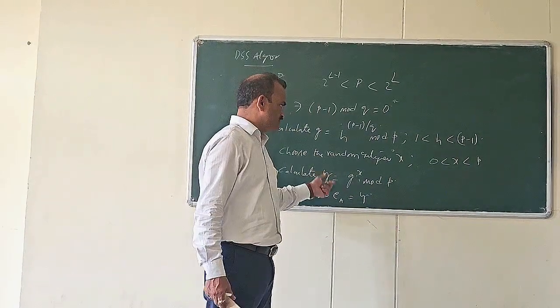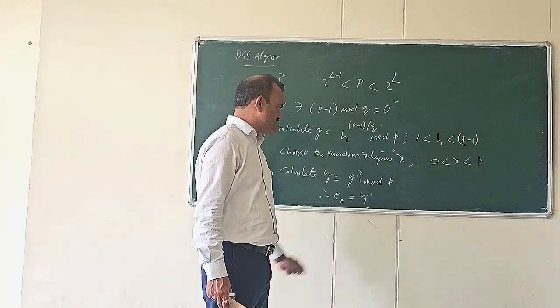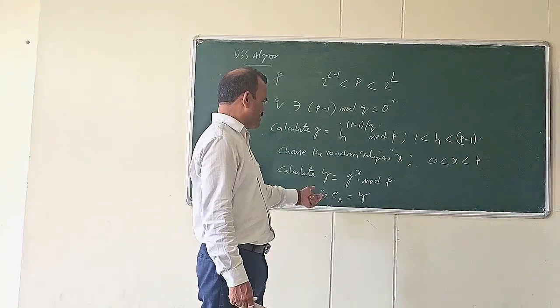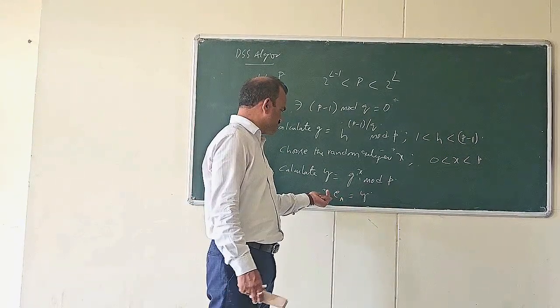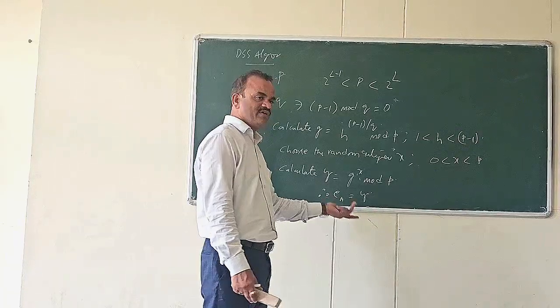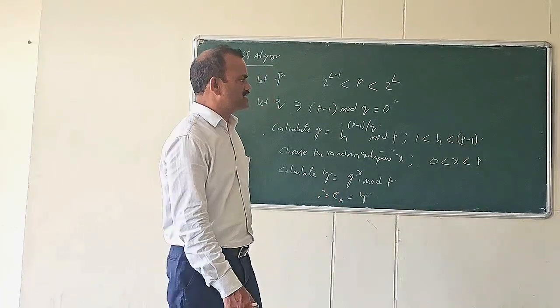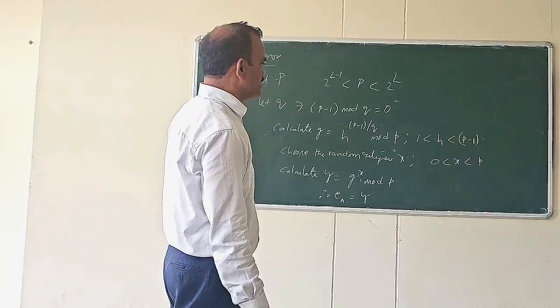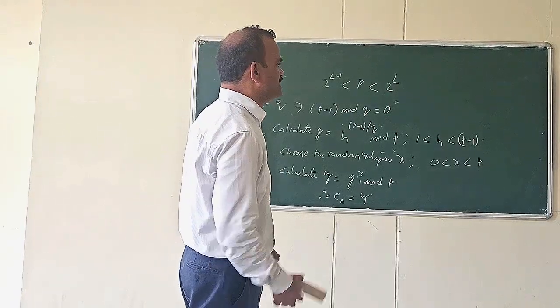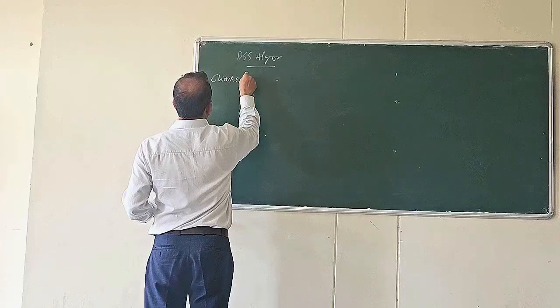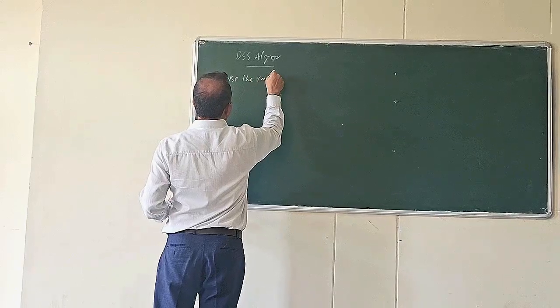Earlier, when we discussed public key cryptography, we can use two keys, private and public keys. The private keys are referred to by x and the public keys are referred to by y, right? Next, choose the random integer k.